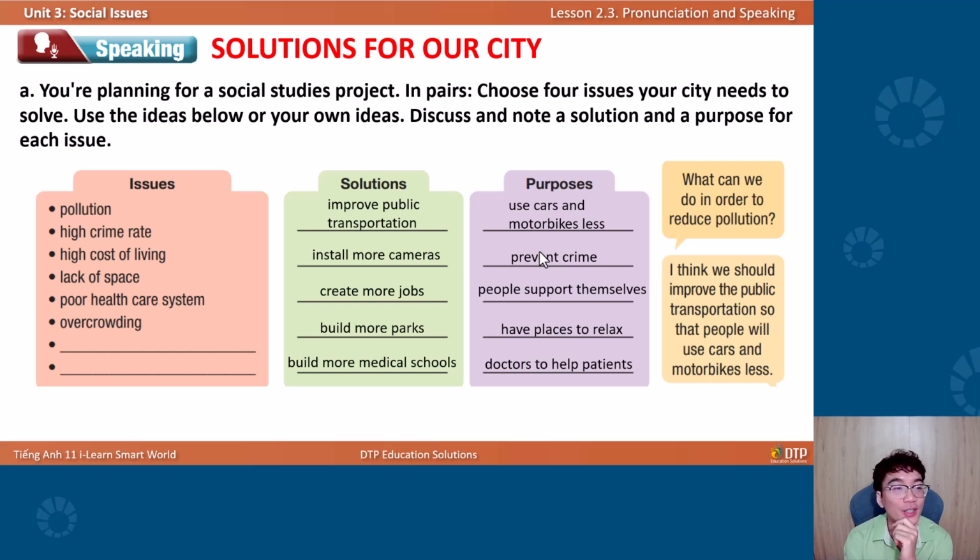Okay, in order to reduce the lack of space, I think we should build more parks so that people will have places to relax. Now I ask you, what can we do in order to reduce overcrowding?